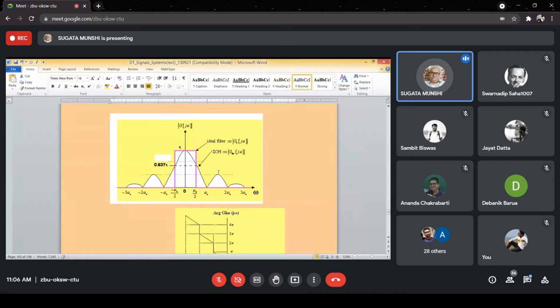I have drawn here in black the amplitude response of the zero order hold or practical DAC. And whatever is drawn in pink is the ideal filter, meaning the ideal DAC. Magnitude of G_I j omega, and the black one is magnitude of G_ZOH j omega.